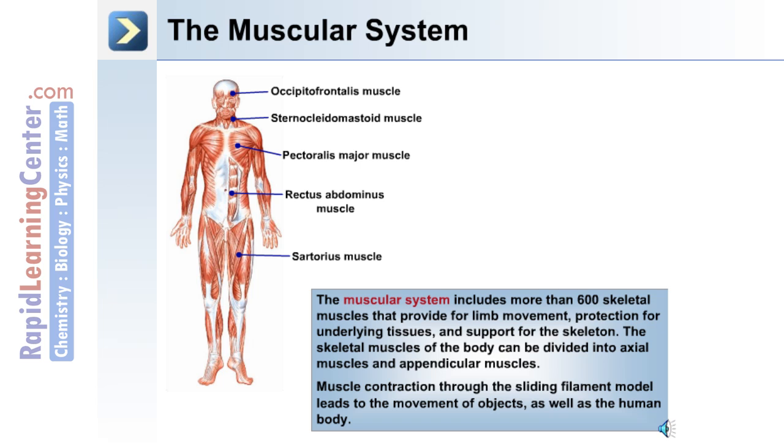From the abdomen, the rectus abdominis muscle. And from the legs, the sartorius muscle. The skeletal muscles can be divided into axial muscles and appendicular muscles, much like the skeletal system. Muscle contraction through sliding filaments leads to the movement of objects as well as the human body itself.